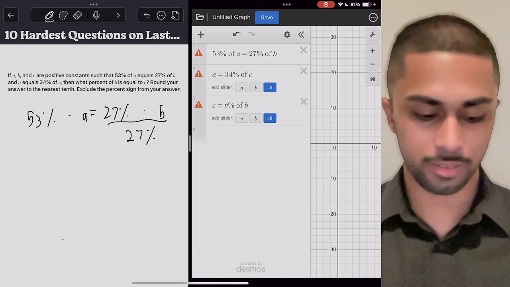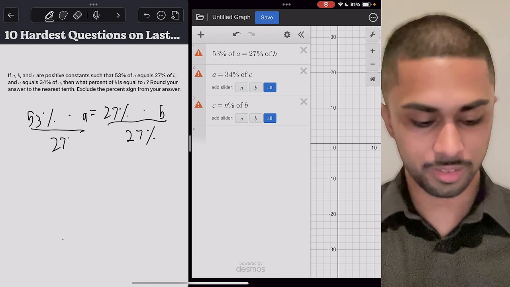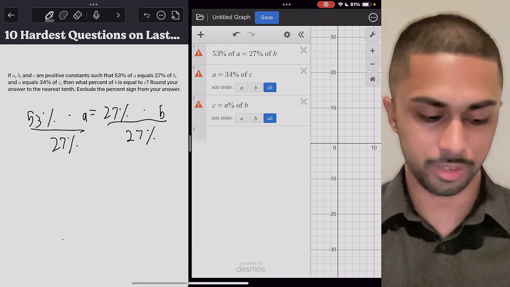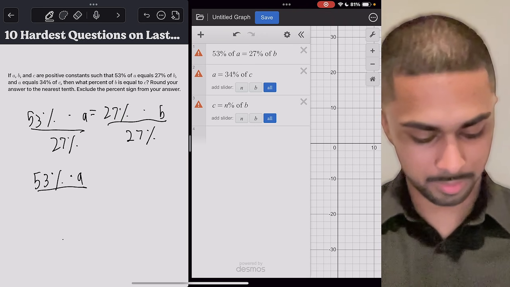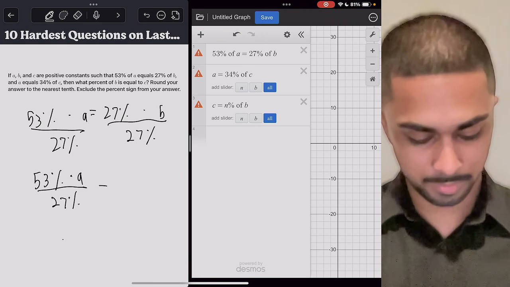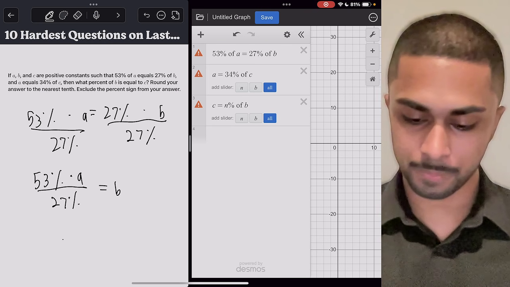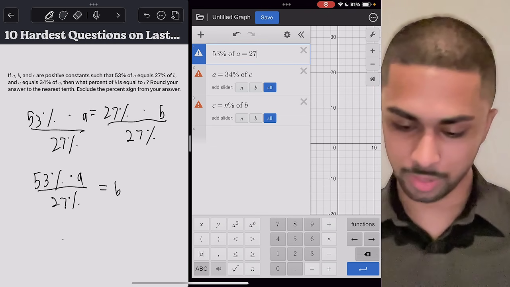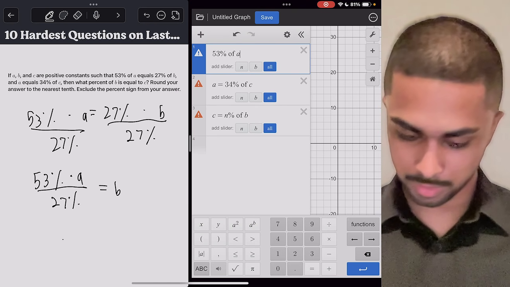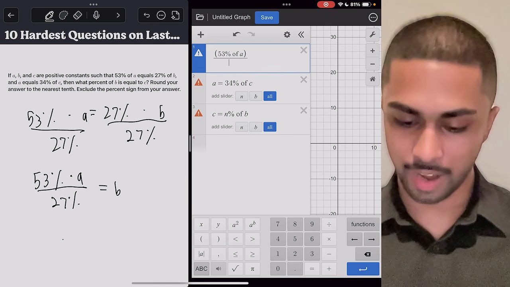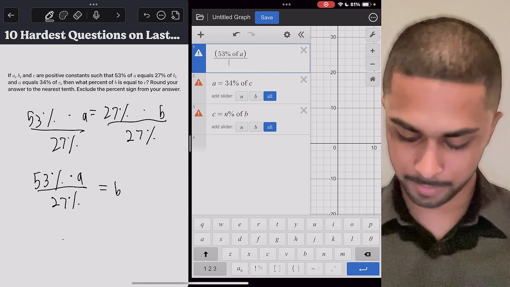You just isolate for the variable B by dividing the 27% to the other side. Okay. So let's delete all of this. Let's divide it by 27%.